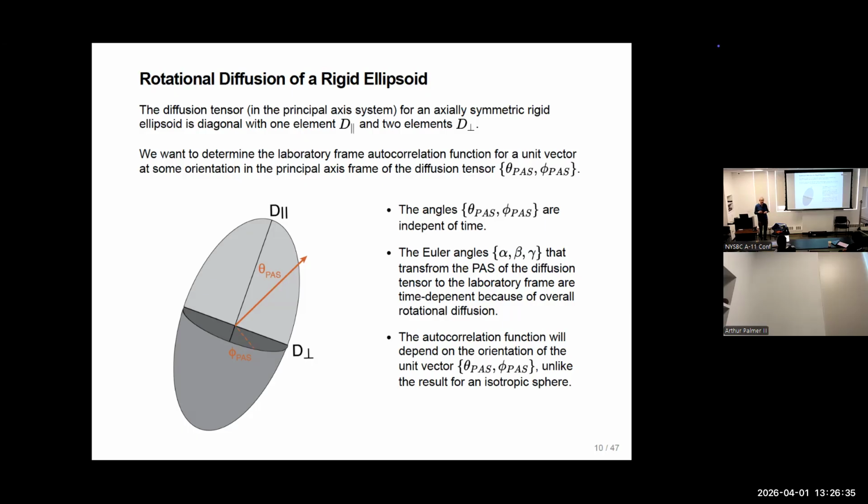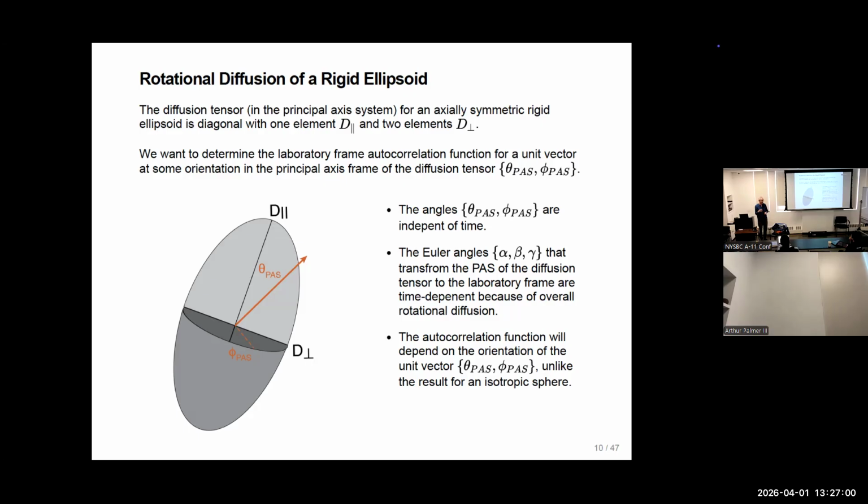For the dipole Hamiltonian, the principal axis is along the bond vector. For the CSA, if you have an axially symmetric CSA, then it's the vector along the symmetry axis of the CSA tensor.